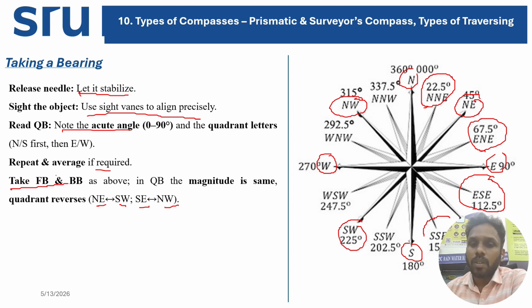Again, the direction is very close towards your south, so the direction is marked as south southeast. Okay. So we came up to 180 degrees. Now the direction between south and southwest is south southwest. Okay. Right. So the direction here, what we mark is south southwest.